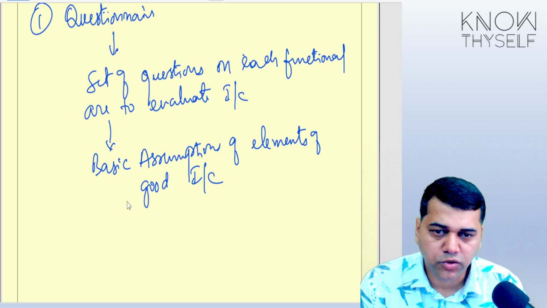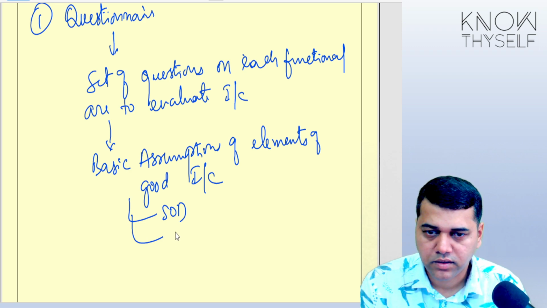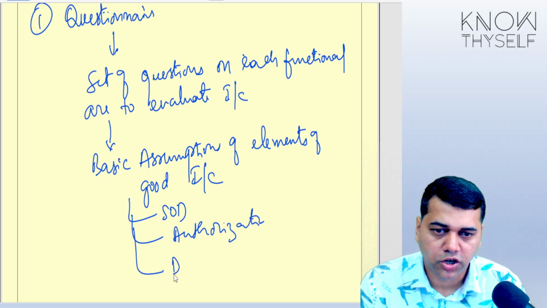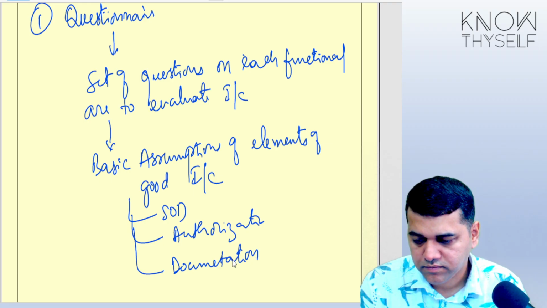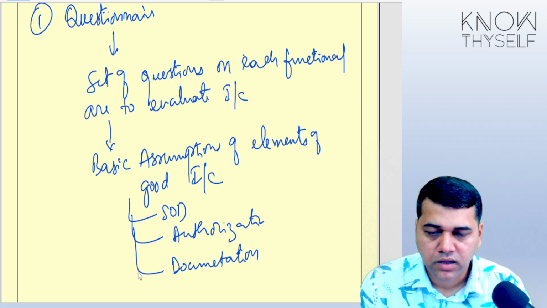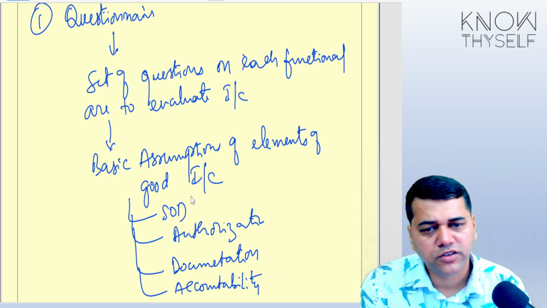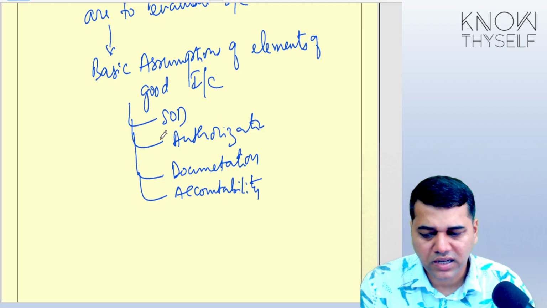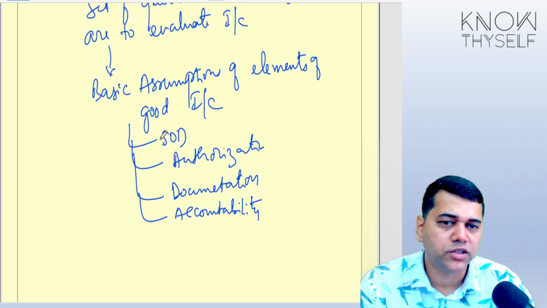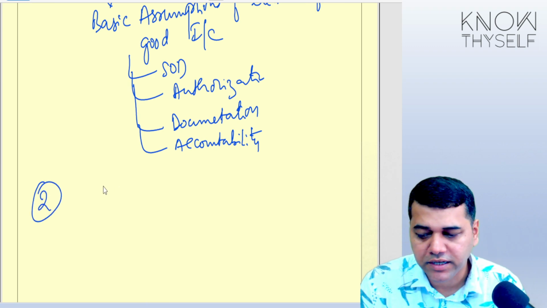So we can talk about the same SOD, authorization, documentation, accountability. Yeah, these are all the elements of a good internal control. Other things we need not talk about because in the intermediate also they are given the same. The questions have been asked there at the intermediate level.